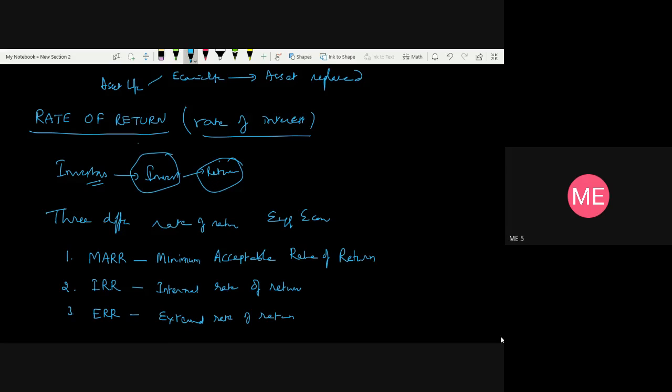These are the three types of rate of return you can come across in any engineering economic studies. So here, minimum acceptable rate of return, what does it mean?